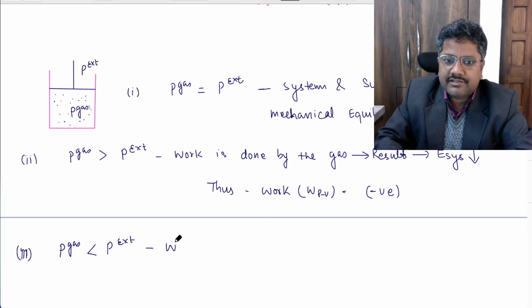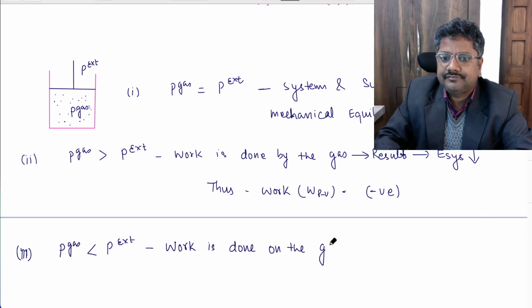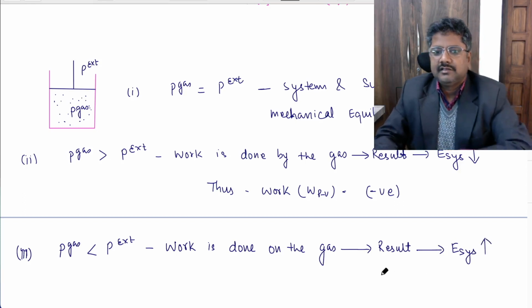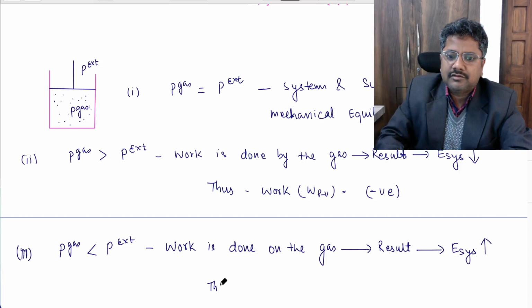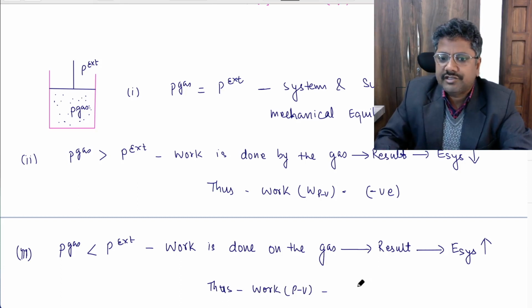So the work is done on the gas, as a result of which the energy of the system increases, and thus PV work is taken positive.